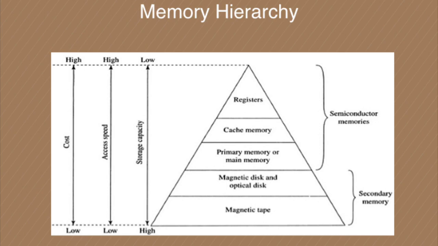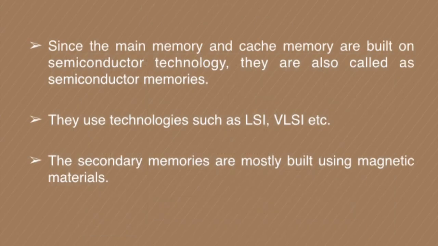So you can explain these points with the help of this figure, and you can mention the points regarding registers, cache memory that we are going to study, and about primary memory and secondary memory, as per the marks they are asking in a question like memory hierarchy. So you can include all those points under this memory hierarchy topic.